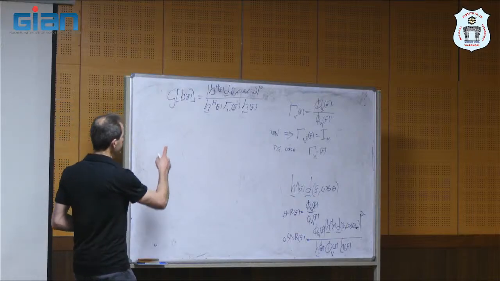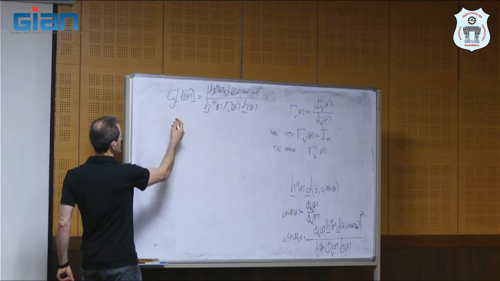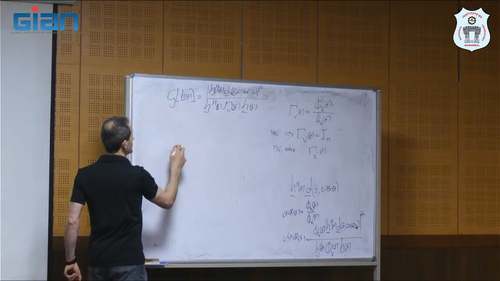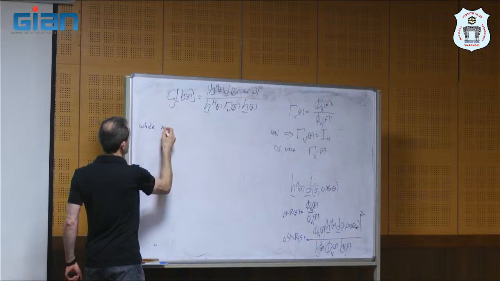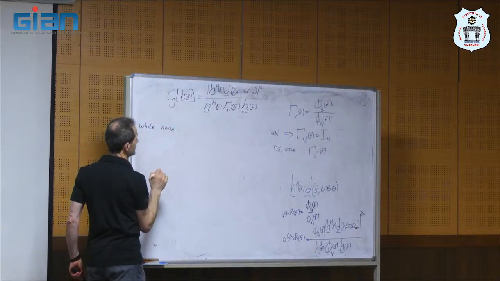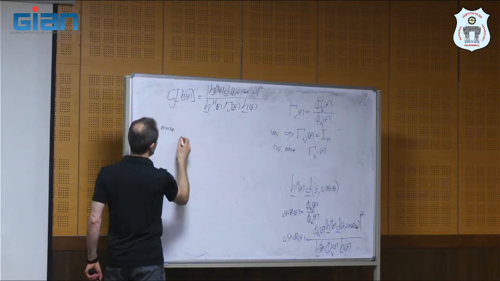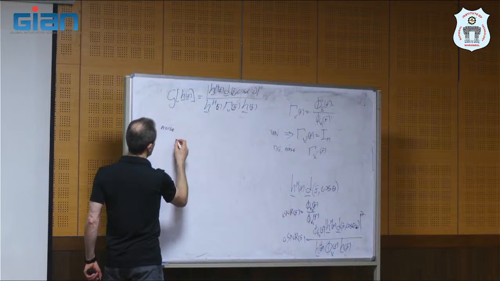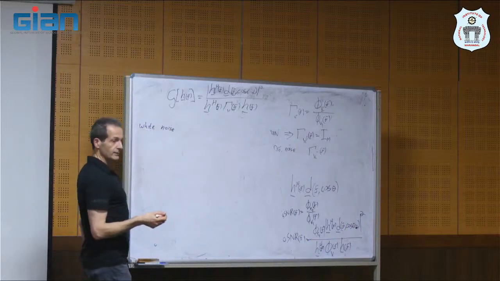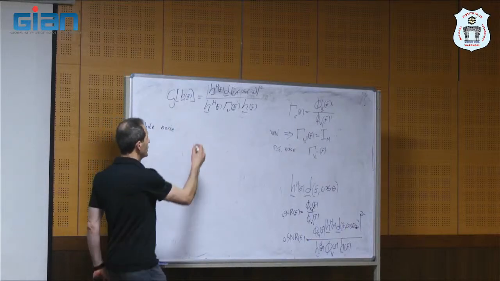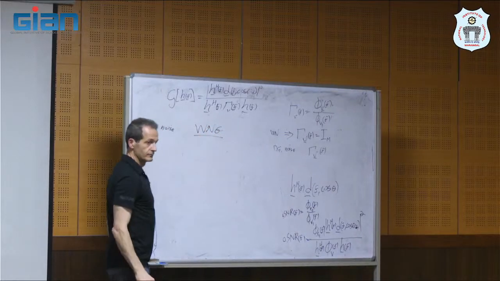So the gain, if the noise is spatially white, we call this value, the gain when the noise is white, the white noise gain. So this is the name.